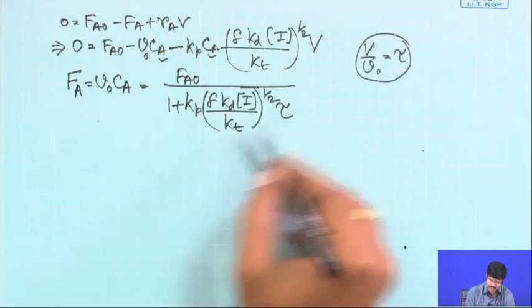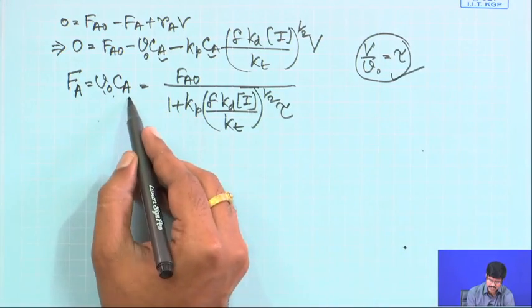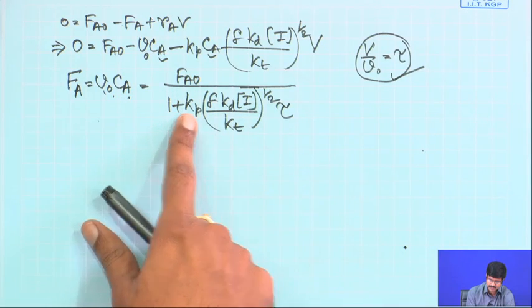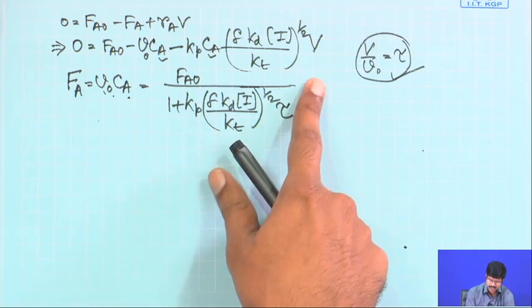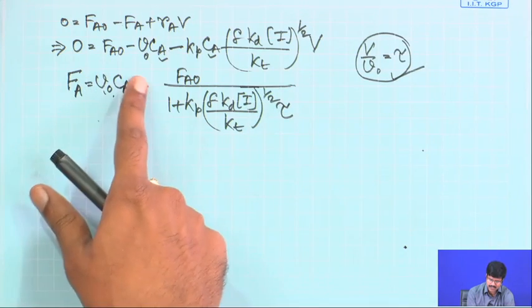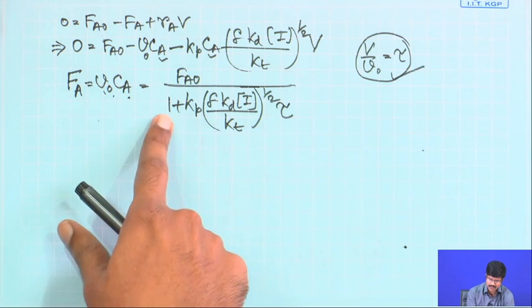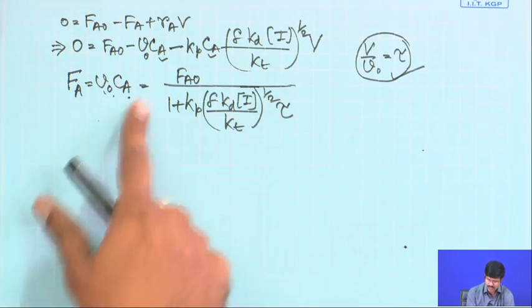I just summarize this for you, you can figure it out yourself. So, this is tau because Ca is Fa0 divided by V0 plus this into capital V. When you multiply by V0, V0 by V0 becomes 1, and capital V by small V0 becomes tau. So, this is your expression.